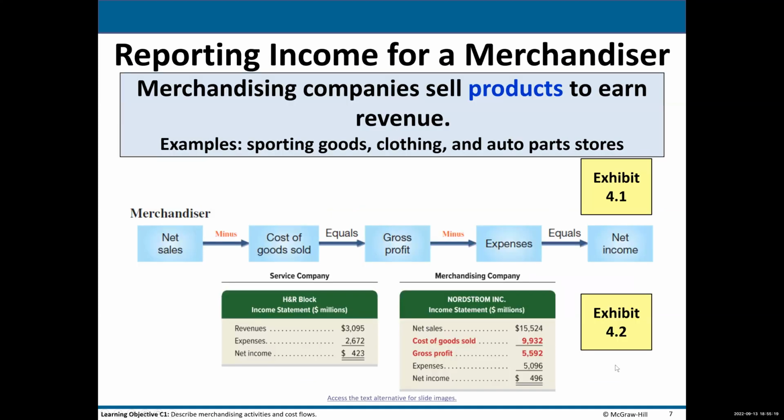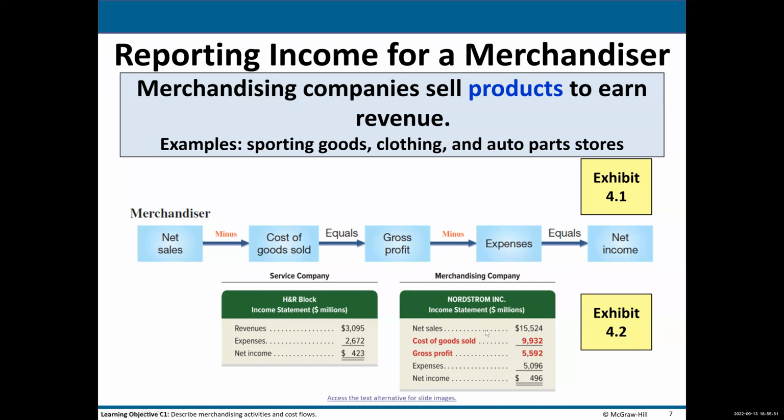Well, what does that look like in terms of an income statement? Well, this is the old income statement, right? For a service business, it's super simple. Revenues minus expenses equals net income. In the merchandising business, it goes net sales minus cost of goods sold is gross profit. And then we take our other operating expenses to get our net income.